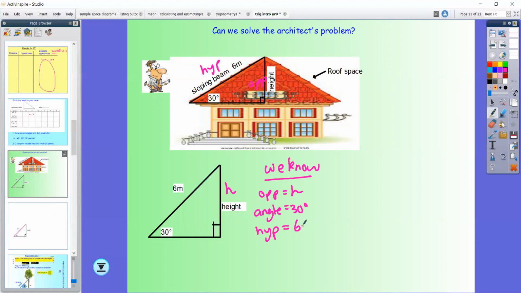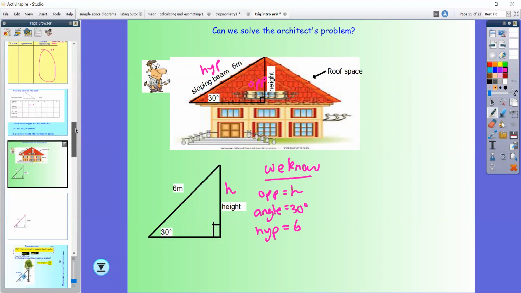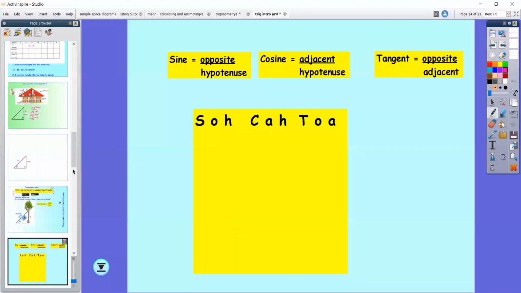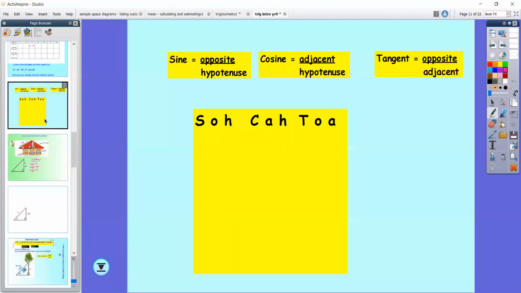Now, before we can do that, what we really need to look at is what the 3 ratios are called here. So I'm just going to move this up here. So what we're going to look at here is SOH CAH TOA, and it's worthwhile, I think, getting them to write this down as well. Now, at this stage, not straight away. So this is just an aide-memoire for those 3 ratios.